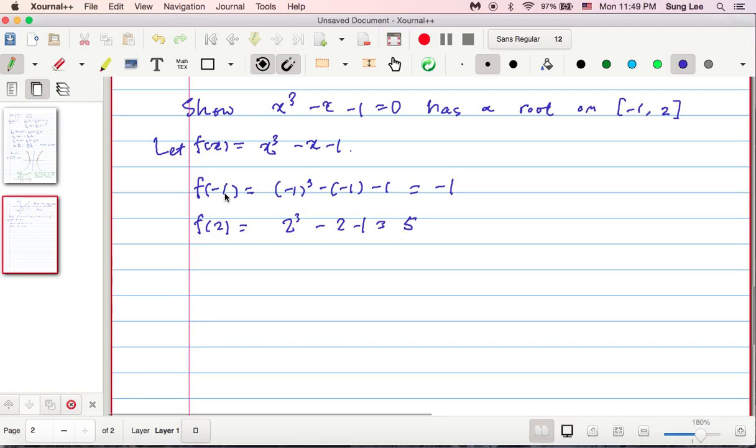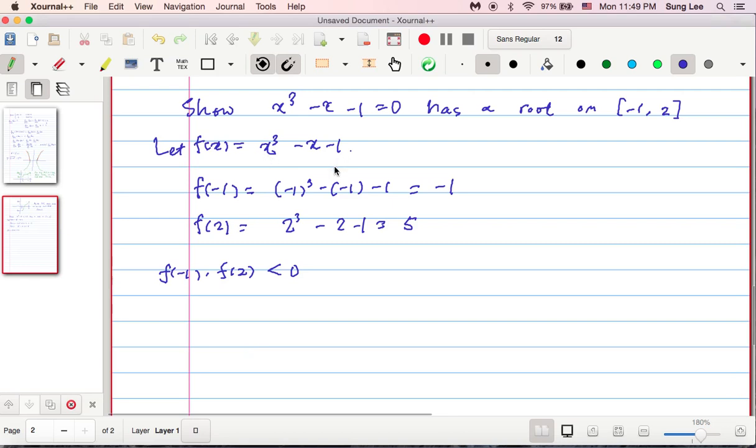So these two have different signs. One is negative, one is positive. So f of -1 times f of 2 is negative. So it does satisfy the conditions for the corollary. f of x is continuous.